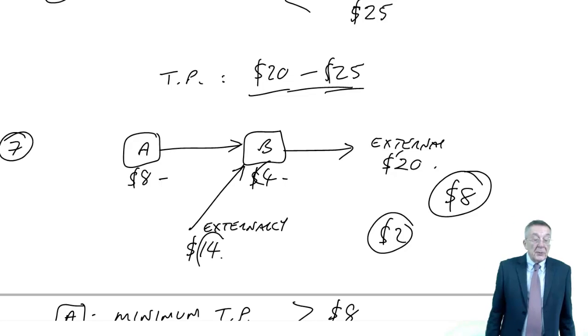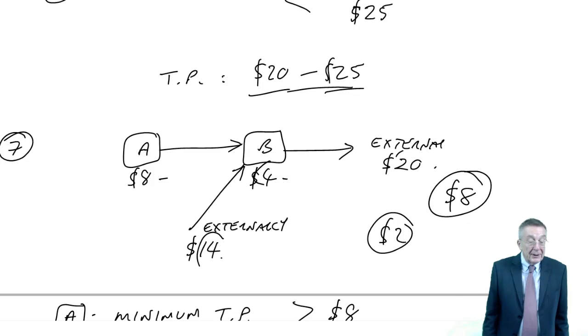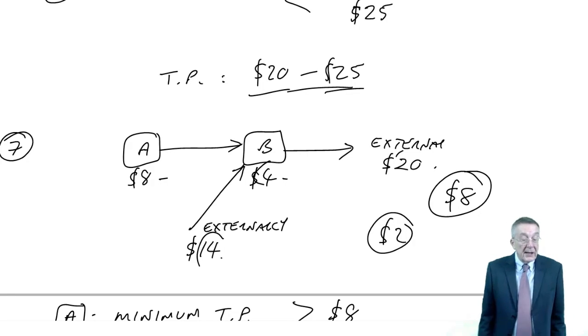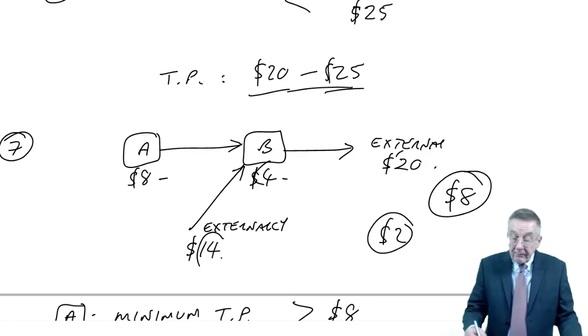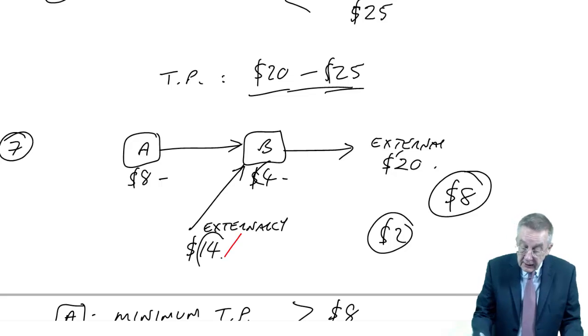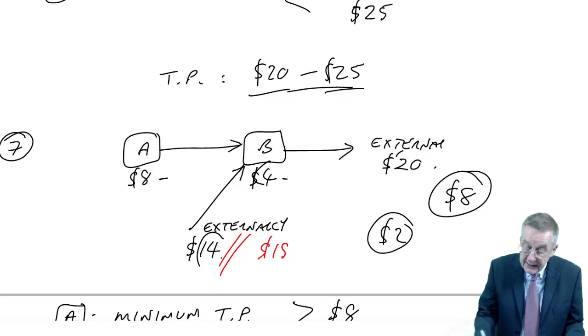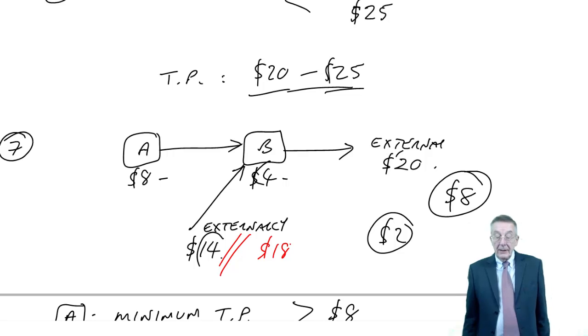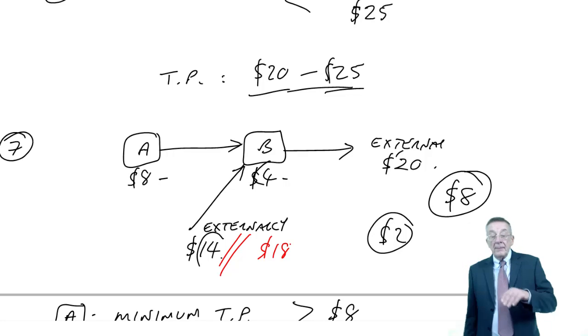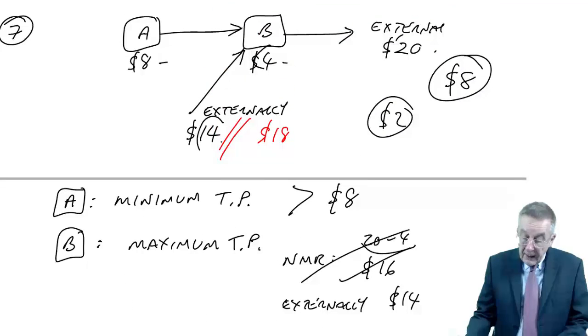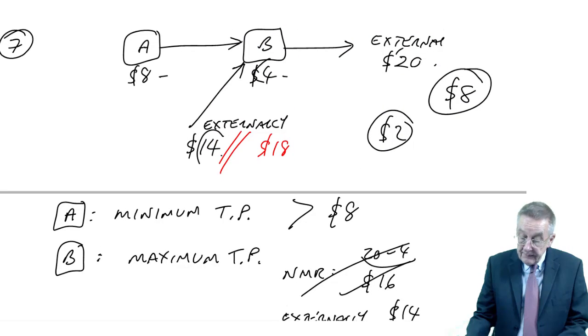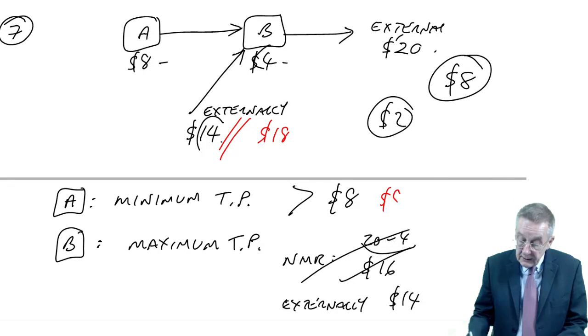Finally, though still on example 7, I said there were 2 questions. Part B is exactly the same, except the external price is 18. Otherwise, exactly the same. Let's do it again. The minimum transfer price, again, will be $8.